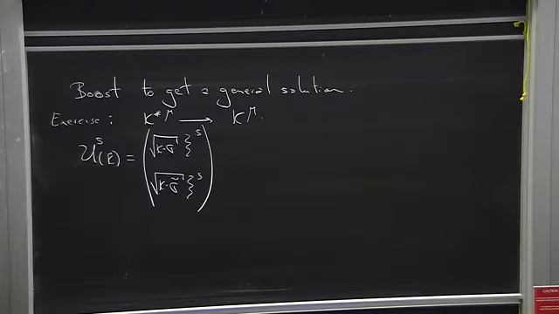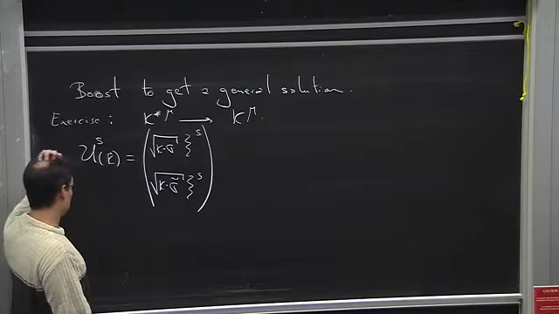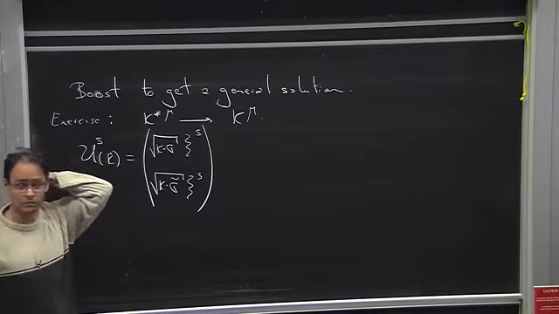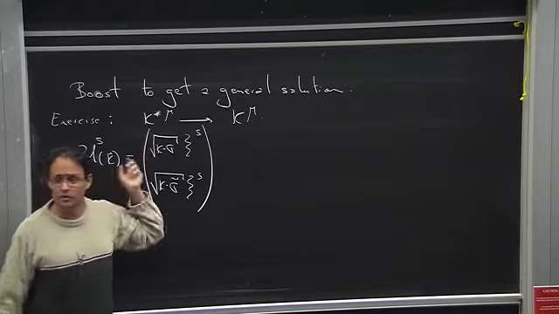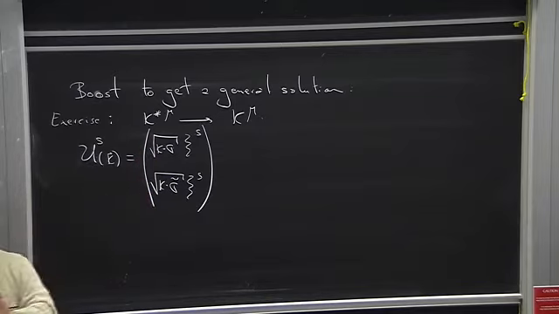So what do we mean by the square root of a matrix? That's right. You diagonalize, you take the square root of the eigenvalues, and then you go back to the original basis that you had before.